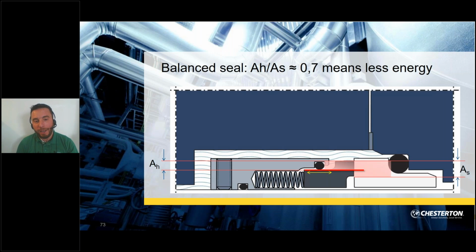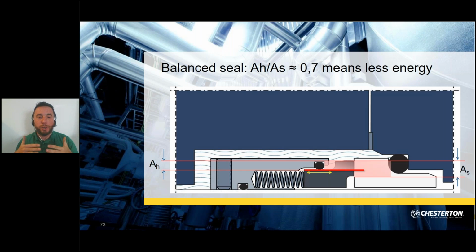That's what we see here. So you see that compared to before, we have additional O-rings that, by the way, protect the springs from being in the process fluid. But it means also that these 10 bar of water, for example, are acting only on that small red area that is defined by what we call the balance line.